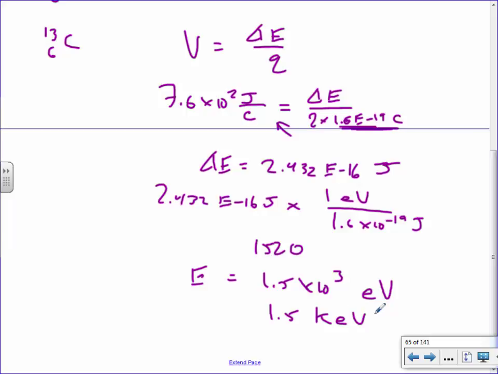Sometimes we'll talk about things in kilo or mega electron volts. So when you're caught in that gray area where the amount of joules is way too small, we can then convert it to electron volts, but sometimes you may want to then convert your electron volts to a kilo or a mega electron volt. We'll follow that. We don't change the math, it's a new unit type, that's all.